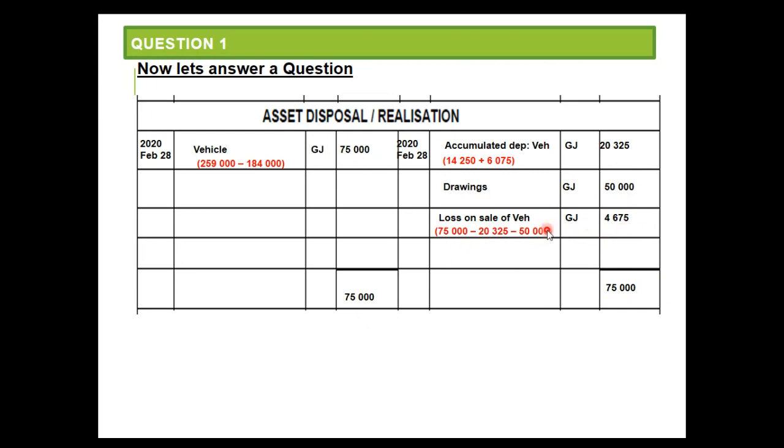Obviously, you can use this calculation. But when I say go and transfer, let's say I want you to go and transfer to the account that you're going to record here. Let's say you don't know that it's a loss or a profit. So can you see, if you go to that account, you have to transfer this 4675 on the debit side. And remember, expenses increase on the debit side.